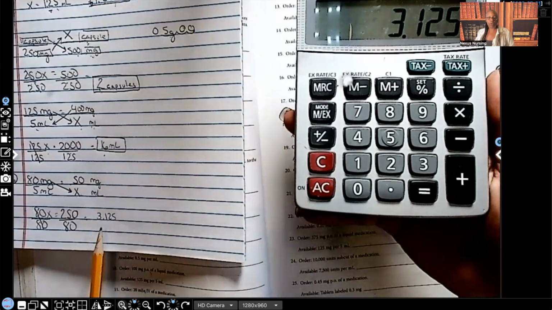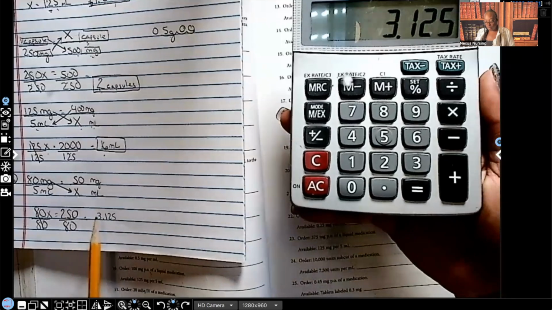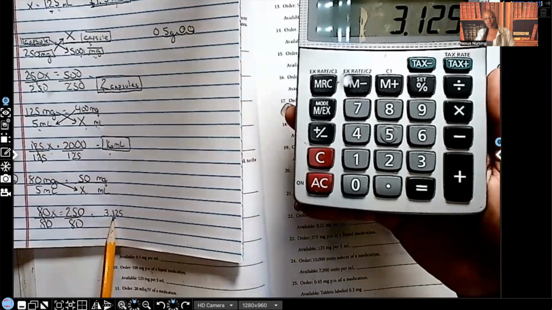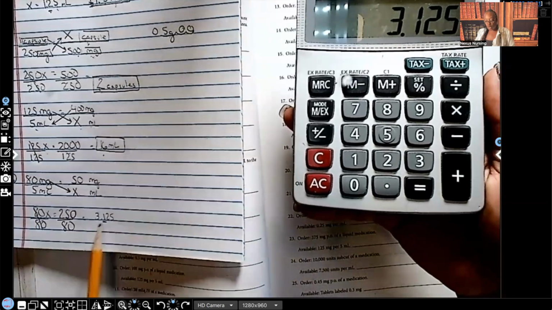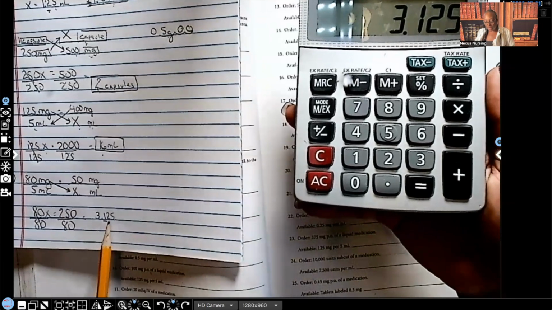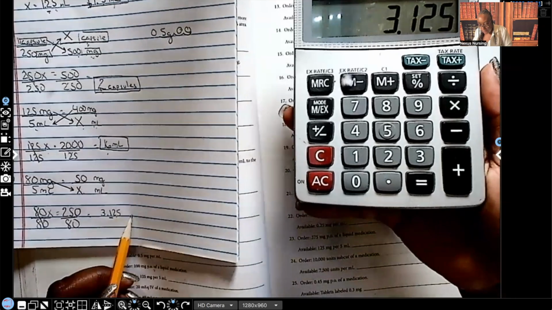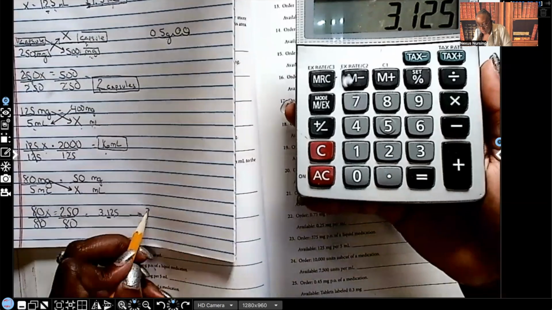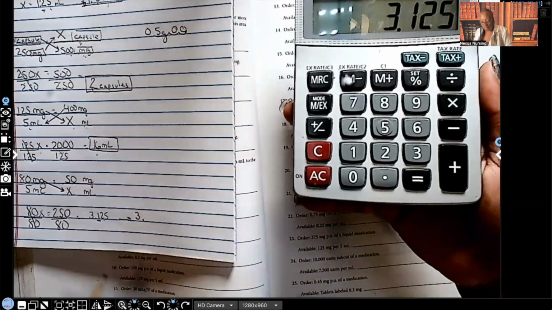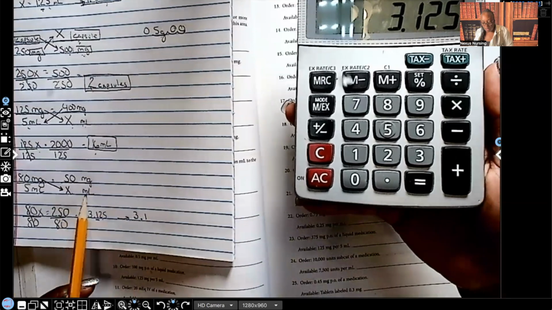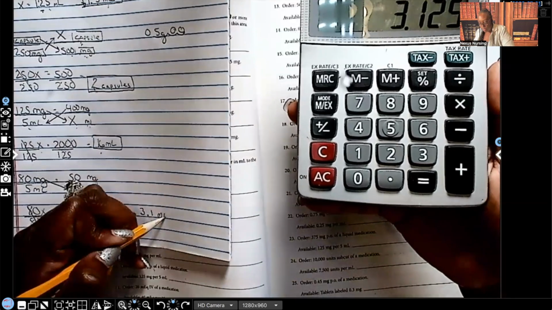Remember, if it's more than 1, we're only going to go to the tenths place. If it's less than 1, that's when we move over to the hundredths, right? So 3.125, let's look next to that 1, it's a 2. So what is our answer going to be? It's going to be 3.1. 3.1 what? Go back to our X, we're solving for ml. So the correct answer is 3.1 mLs.